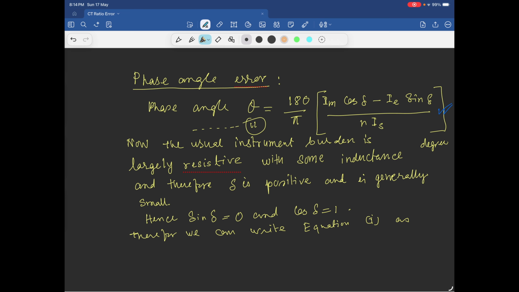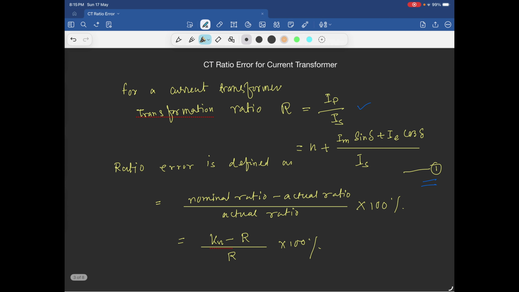Now for usual instrument burden, that is on the load side, the instrument burden is largely resistive, with some inductance. Therefore, delta is positive and generally small.